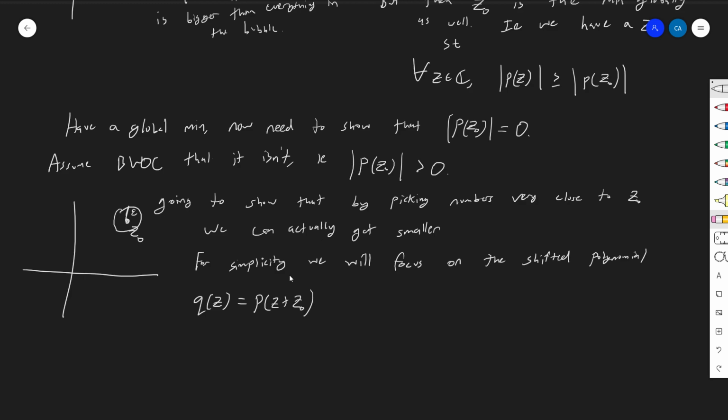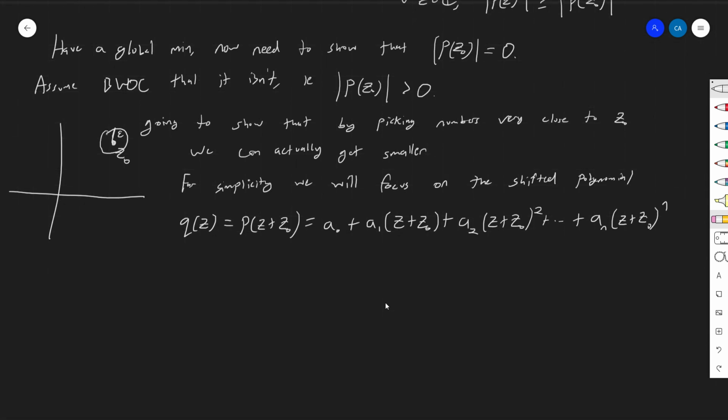To write that out, I'm just shifting it, it's not to the left or the right anymore, I'm moving around on this two-dimensional plane, but it's a0 plus a1 times (z plus z0) plus a2 times (z plus z0) squared plus dot dot dot plus a n times (z plus z0) to the n. And so what we're going to do now is tons, just grueling amounts, of foiling and regrouping.